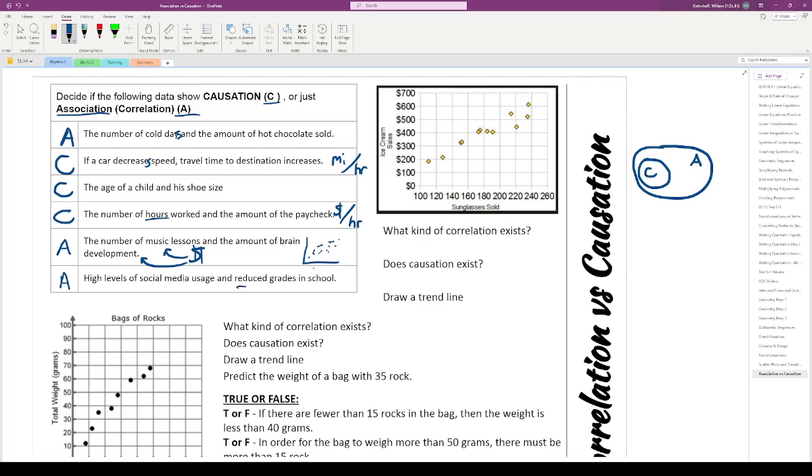So reduced grades in school, maybe you're doing badly in school, so you go spend more time on social media. Maybe the relationship goes this way instead of this way. Maybe there are other things causing both of those, but there's not a direct cause and effect between those where we don't have to make up some kind of story one way or the other. So since we have to make up a story to get from one to the other, we're going to say that's an association, not causation.